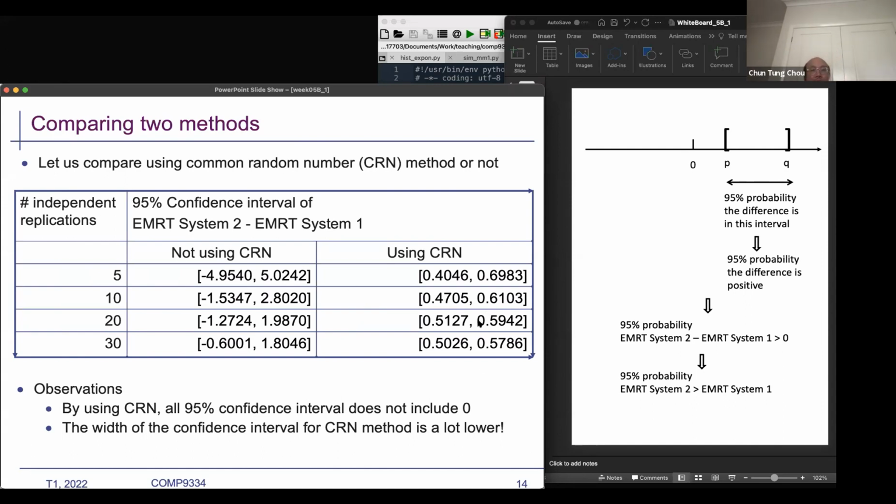And if you go on and do 20 and 30 replications, you find that you are able to draw the same conclusion, that there's a 95% probability that the MM1 system is better than the MM2 system. So these are the conclusions that you can draw.